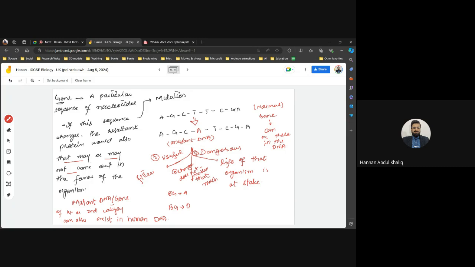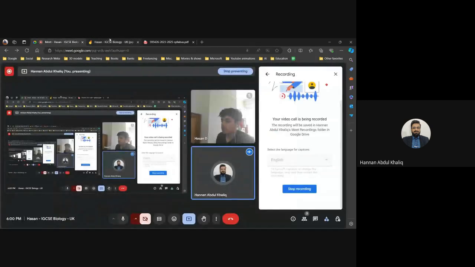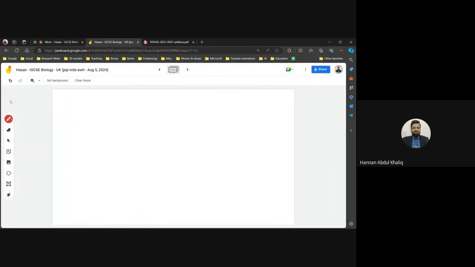So it is completely okay to have the alternate form. A gene can have multiple forms, and these multiple forms of genes are called alleles.